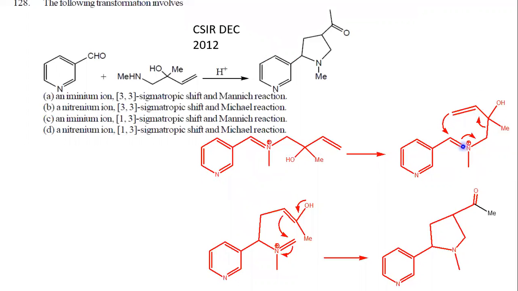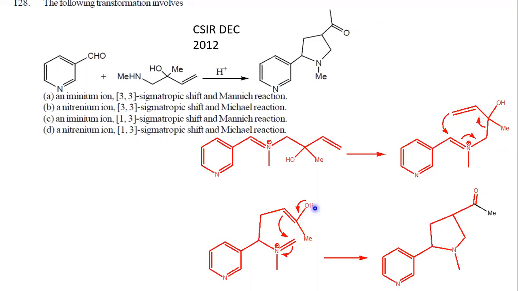rearrangement reaction. For doing 3,3 sigmatropic rearrangement reaction, you need to number the terminal sp2 carbons 3, 2, 1 and 3, 2, 1. Break the bond between the carbons numbered 1 and 1. You do that, then you will get this product, and this would become the suitable substrate for doing the Mannich reaction. Mannich reaction is addition of a carbanion to an iminium cation.